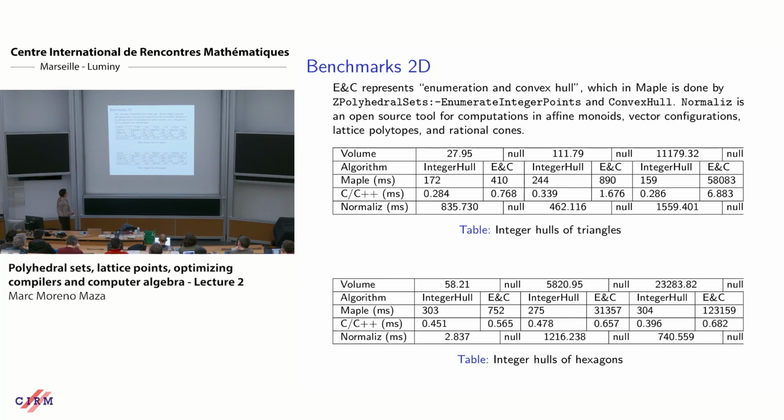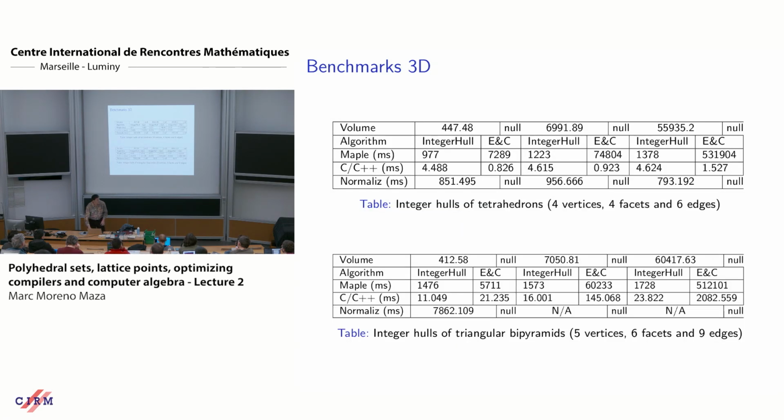What we can observe, with different families of benchmarks, in 2D and later in 3D and in higher dimension, is that this algorithm's cost depends on the geometry of the object and not so much on its size.